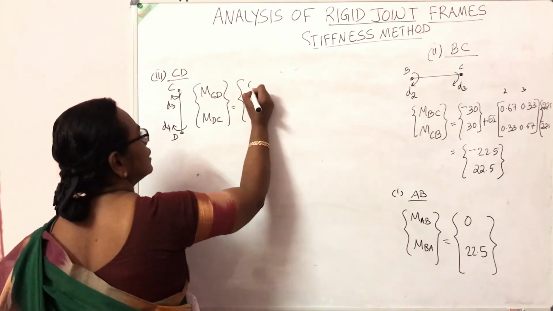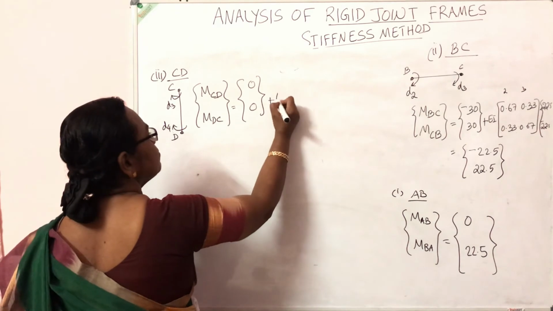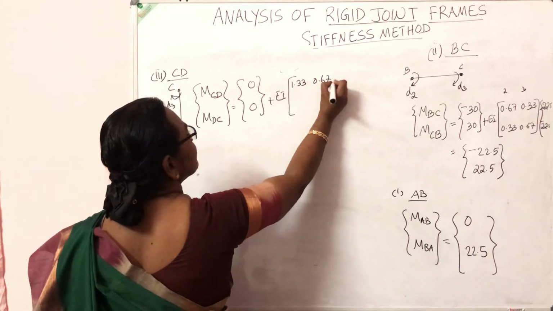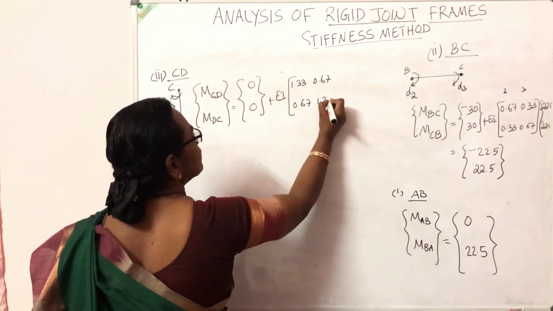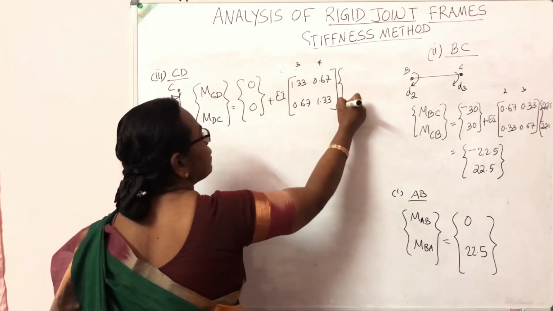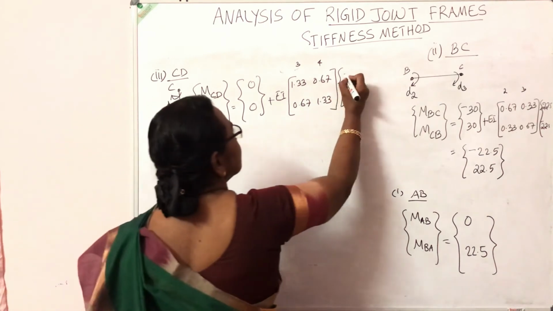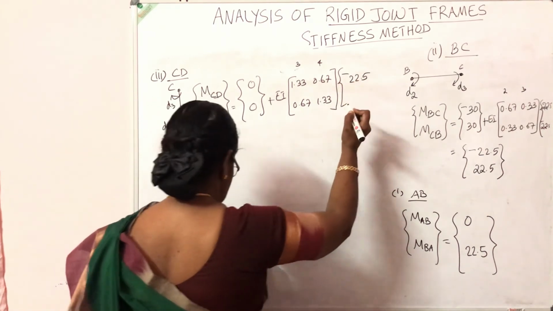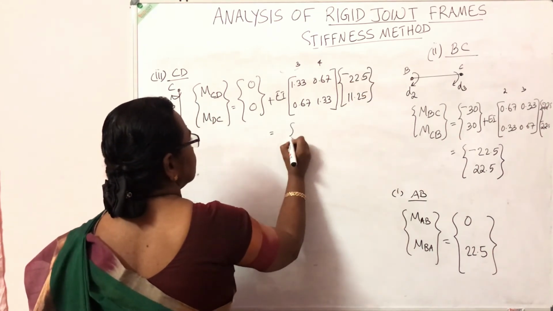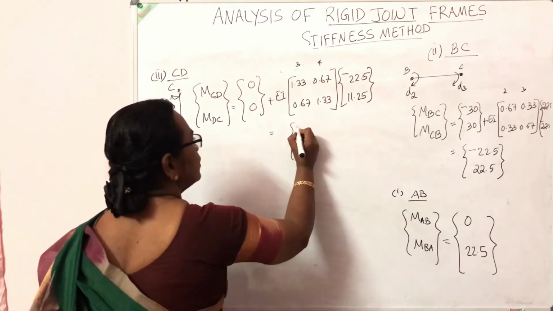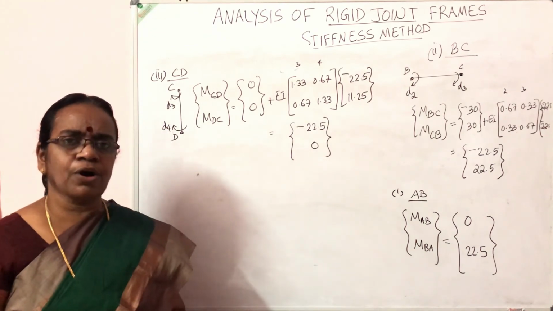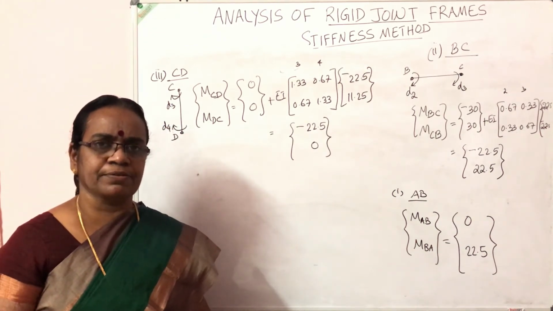There was no load on that element, so it is 0, plus the stiffness matrix for that element, EI into 1.33, 0.67, 0.67, 1.33, for coordinates 3 and 4. You multiply with D3, D4. D3 is minus 22.5 and D4 is 11.25. You will get the answer as minus 22.5 and 0. Thus we have got the bending moments in all three elements AB, BC and CD.